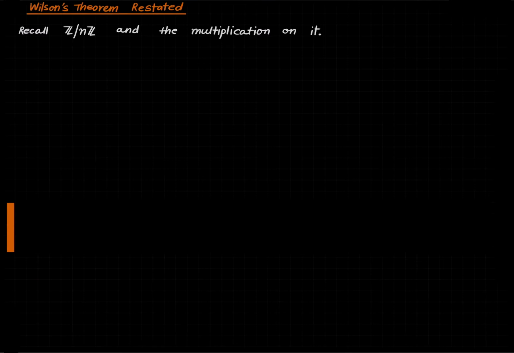So let us restate Wilson's theorem in this language of Z mod nZ. Recall, what is Z mod nZ? Z mod nZ is the set of all the remainder classes modulo n. And one way to write it is the following: nZ, 1 plus nZ, 2 plus nZ, up to n minus 1 plus nZ.